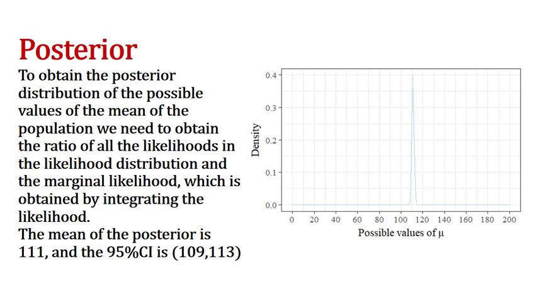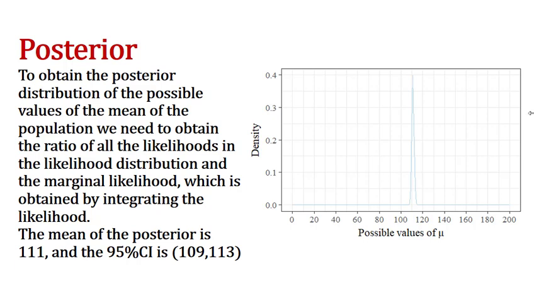So when we divide all the values of the likelihood by the marginal likelihood of the data, we obtain a probability distribution, because now it adds to 1 if it is probability mass, so discrete values, and it integrates to 1 if we are talking about continuous values.